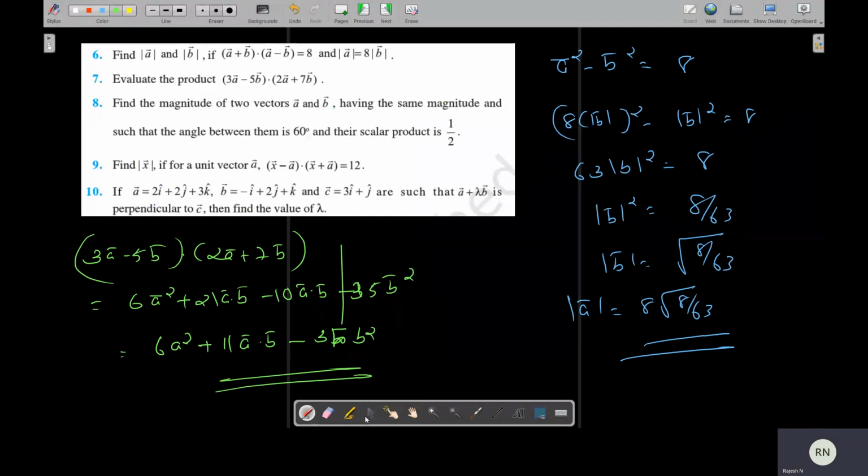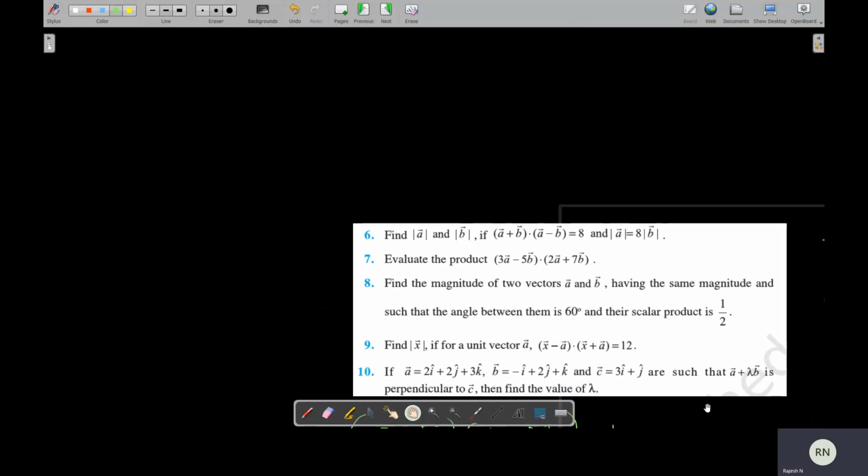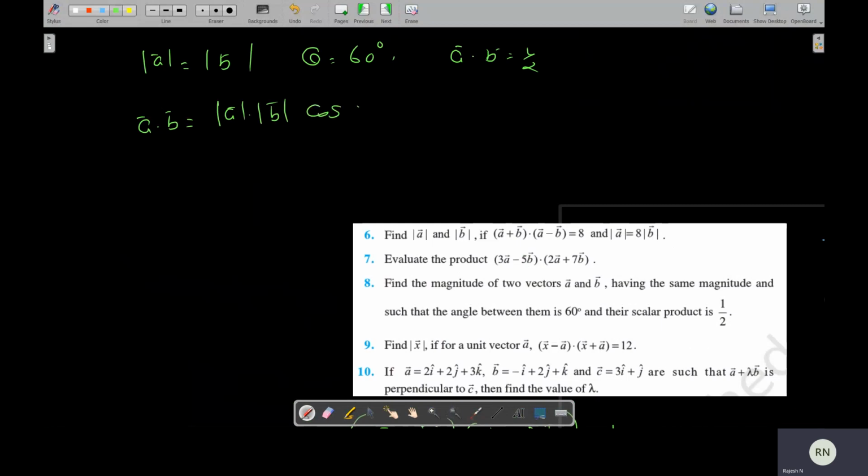Next one. Find the magnitude of two vectors a bar and b bar having the same magnitude. That means modulus a bar is equal to modulus b bar. The angle between them, theta, is 60 degrees, and their scalar product is 1/2. So you know a bar dot b bar is equal to modulus a bar into modulus b bar into cos theta.